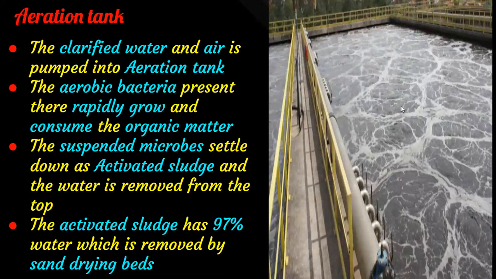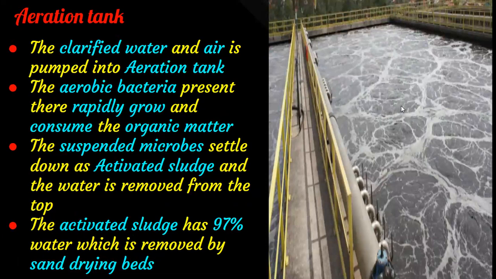And you may have thought, what is clarified water? Yeah, the water coming out from the clarification tank is called as clarified water. And air is pumped for the growth of aerobic bacteria. The bacteria rapidly grow and consume organic matter.